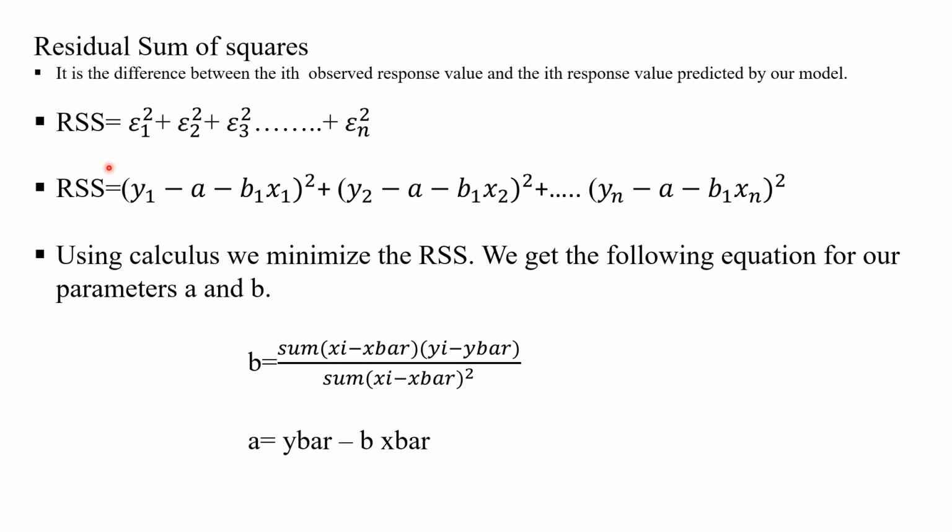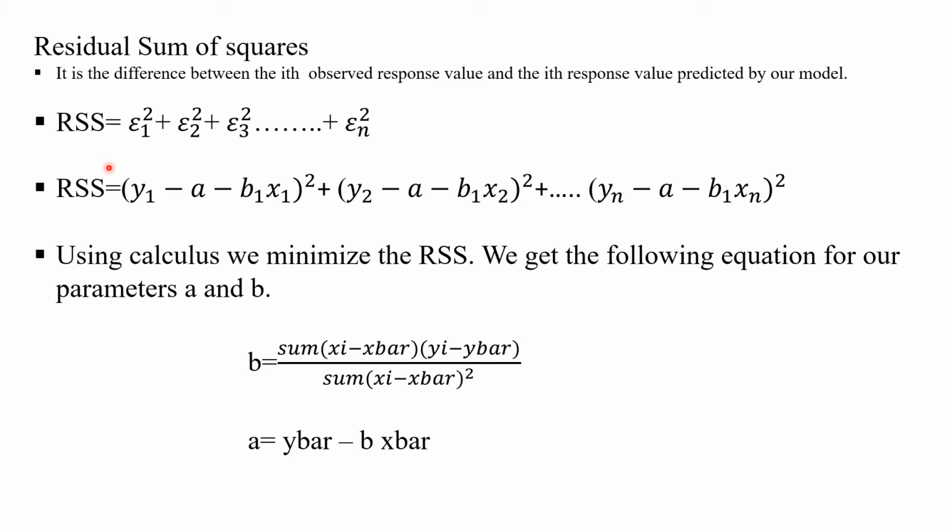So in some cases it is positive, in some cases it is negative. There is a high chance that these error terms may cancel each other, and at the end we may get a zero as the summation of all our error terms, which is not a good indicator because there are a lot of errors in our data.